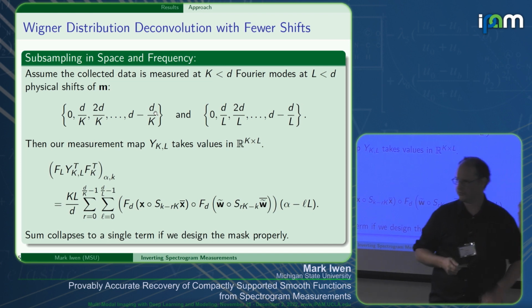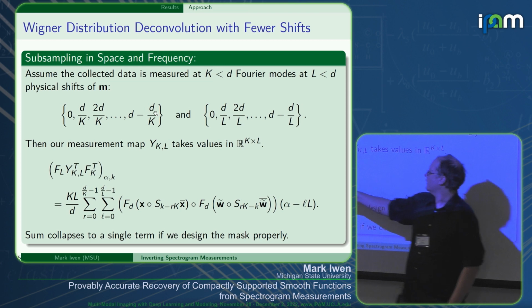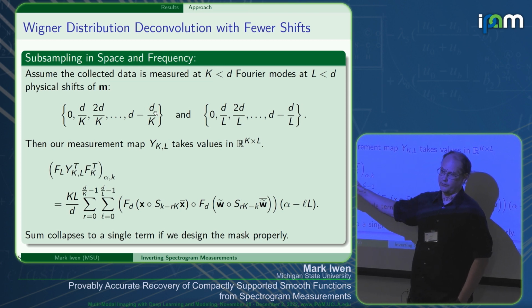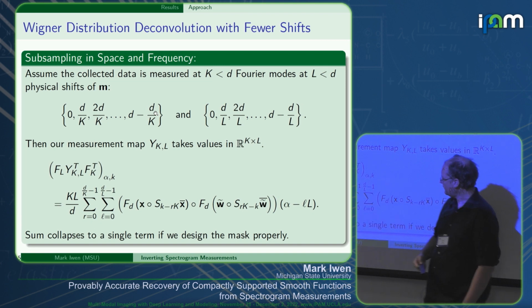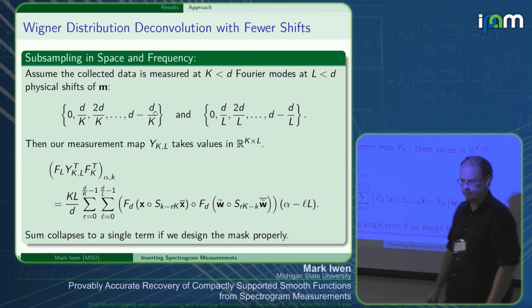We just have fewer rows and columns. Then we can Fourier transform each side with an appropriately sized discrete Fourier transform matrix and look at the entries and see what they look like.